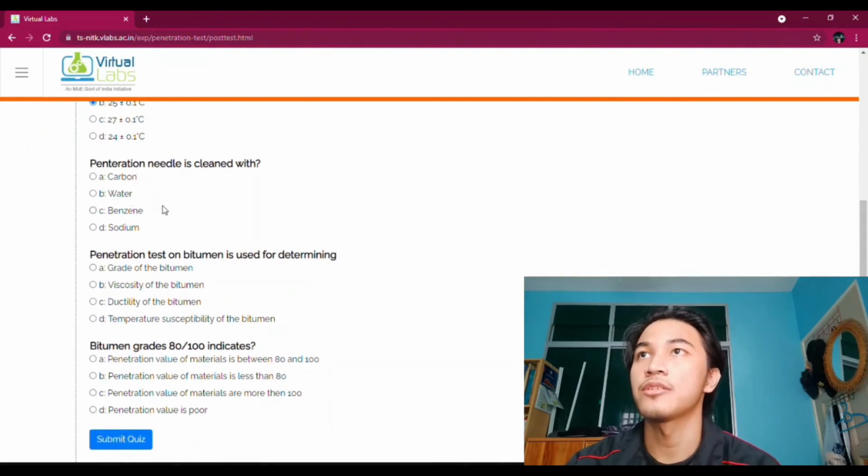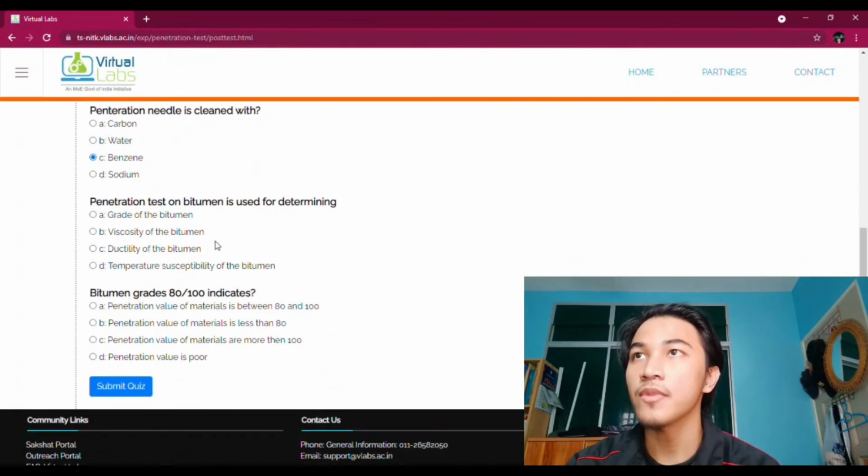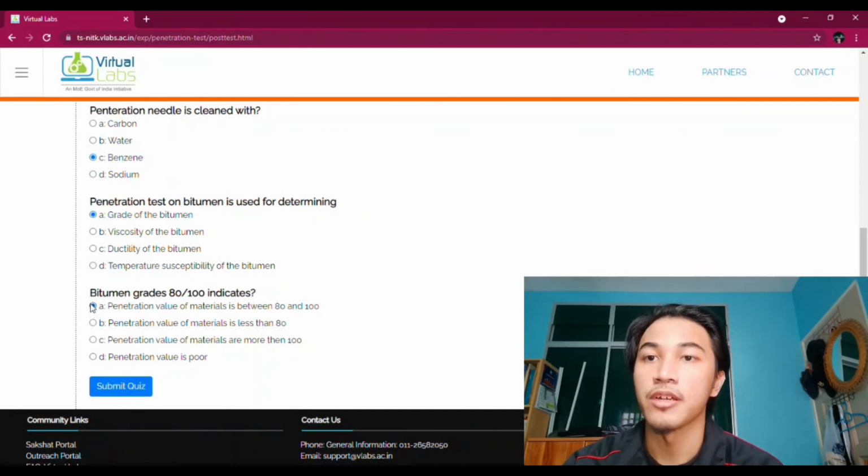Next, the penetration needle is cleaned with C, benzene. Penetration test on bitumen is used for determining A, the grade of the bitumen. Lastly, bitumen grade 80/100 indicates A, a penetration value of materials in between 80 and 100.